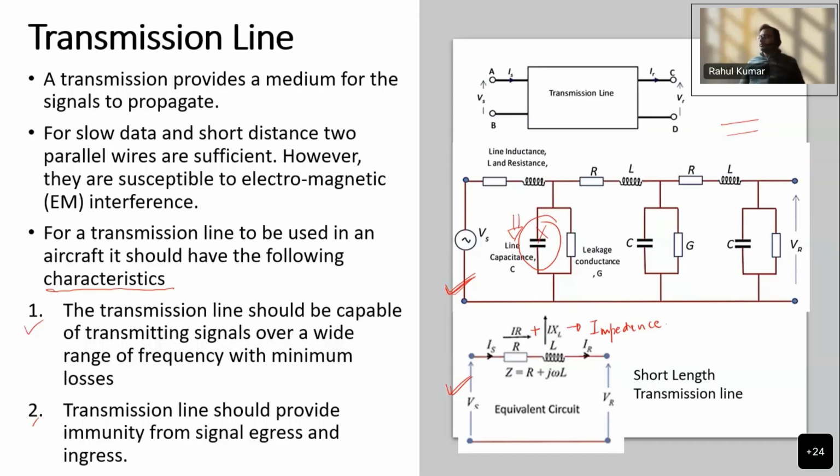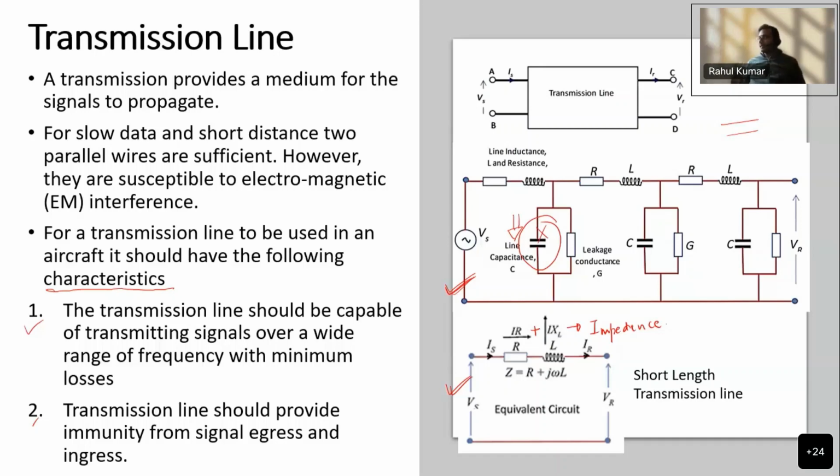Now, the second characteristic is that your transmission line should provide immunity from signal egress and ingress. That means it should stop any outside signal from entering the transmission line and affecting the signal, and any signal which is being transmitted on those wires should not leak out.